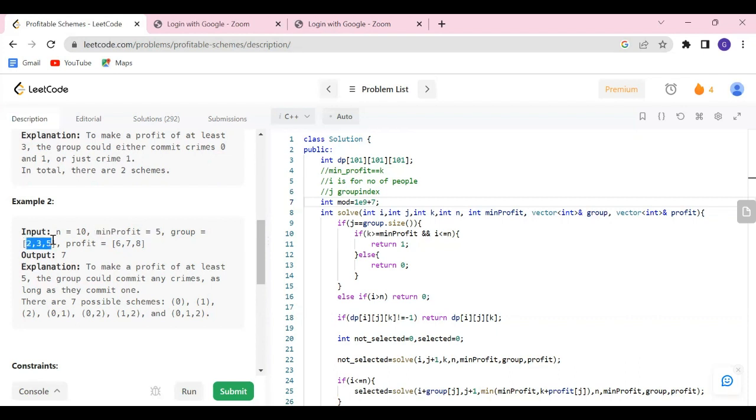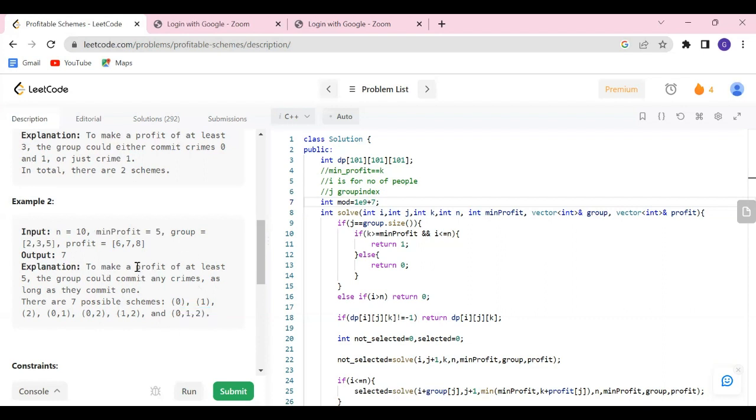So here are all the subarrays, that is all the possibilities that we can make from this group array. We can take individual indices, that is 2, group of 1 which is 3, group of 5 which is 2, and we can take the combinations 0, 1, 0, 2, and 1, 2, and all 3 together. So there are 7 possibilities.